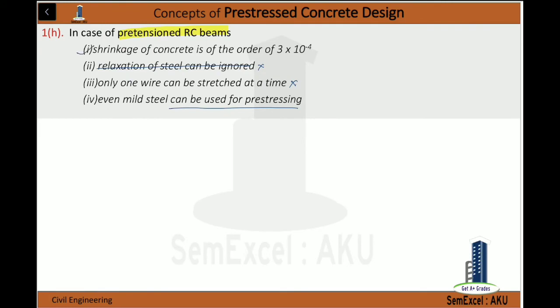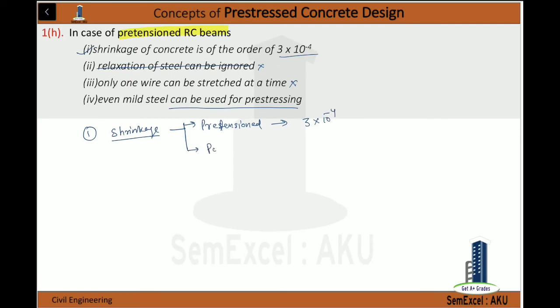Shrinkage of concrete is of the order 3 into 10 to the power -4. Here I would like to give some concepts to you and you have to remember these concepts. First is the shrinkage. If our beam is pre-tensioned beam, in that case the shrinkage is 3 into 10 to the power -4.